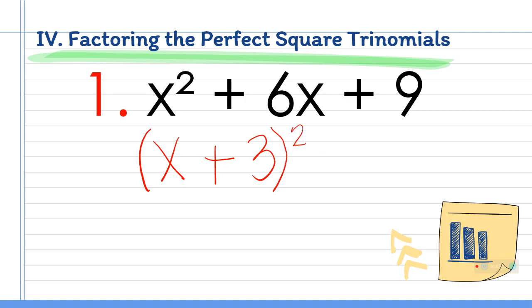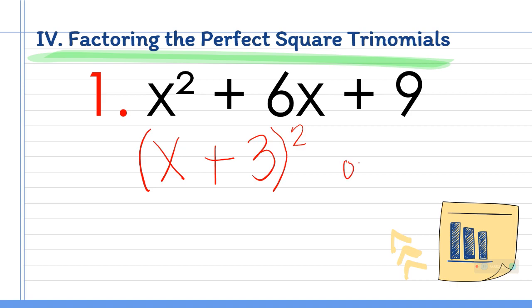So here it is. The factored form of the perfect square trinomial x squared plus 6x plus 9 is x plus 3 in quantity square, because a perfect square trinomial is equal to the square of a binomial.